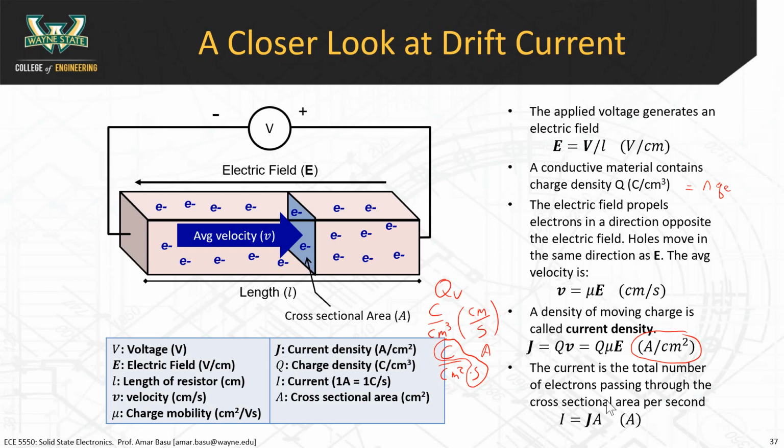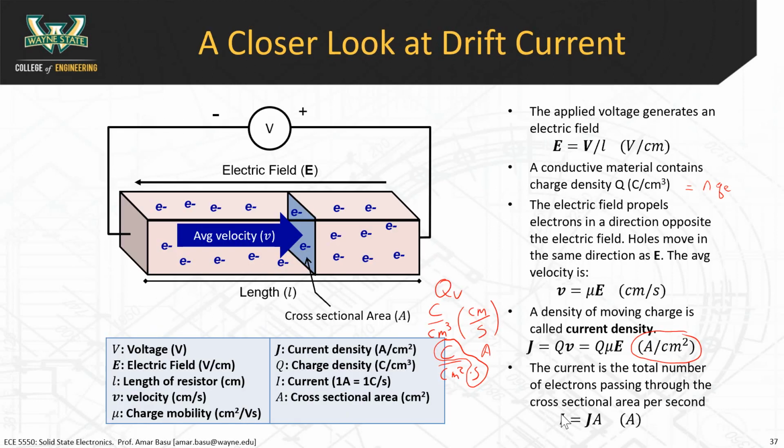Any questions about drift current here? Voltage creates an electric field that pushes charge carriers in a material. Those charge carriers move at a certain velocity, and that's basically a current.